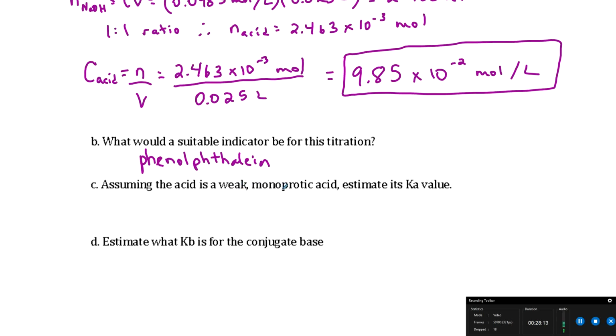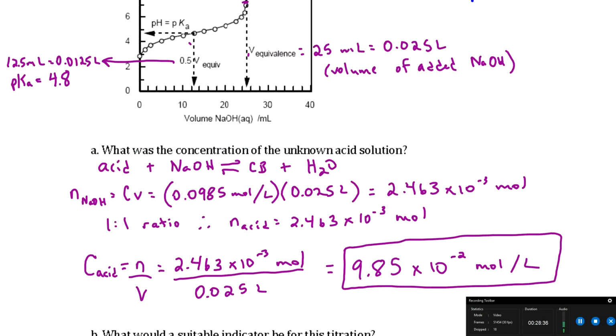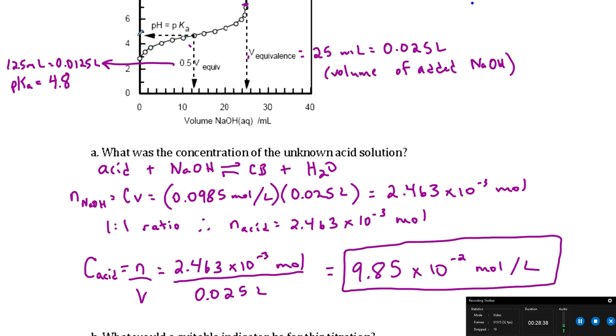Assuming the acid is a weak monoprotic acid, estimate its Ka value. Okay, so when it says estimate, what we're actually doing is calculating. Ka is equal to 10 to the power of the negative pKa. So let's write our pKa value again. We pulled that from the graph, right? It's the pH at the halfway point is the pKa.